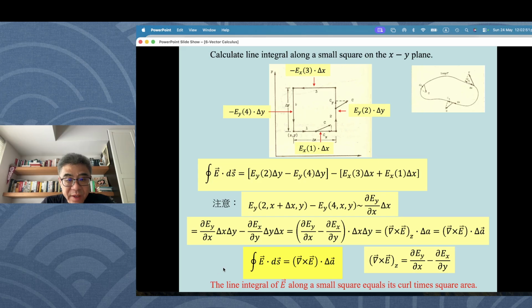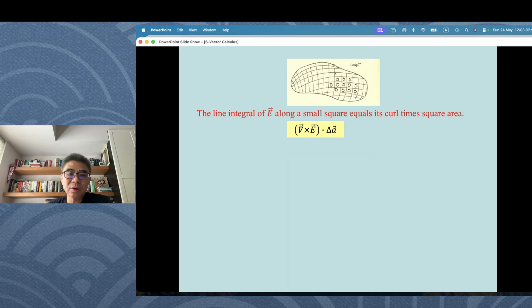Here we would say curl E is just the line integral per unit area. Okay, so it's a very beautiful calculation, and we can use it now to calculate the line integral along any path.